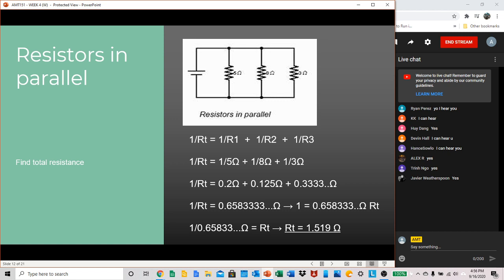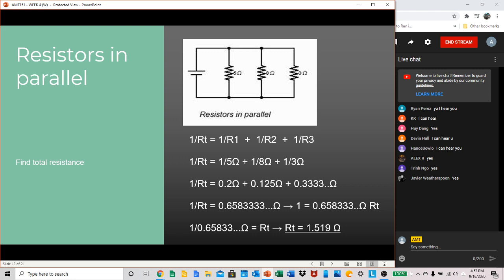If we had more resistors, it would continue on and on. I broke this down here as a mathematical calculation. We have 1 over our total resistance, RT. Resistor 1 is 5 ohms, so we have 1 over 5 ohms. Resistor 2 is 8 ohms, so we have plus 1 over 8 ohms. Resistor 3 is 3 ohms, so we have plus 1 over 3 ohms.